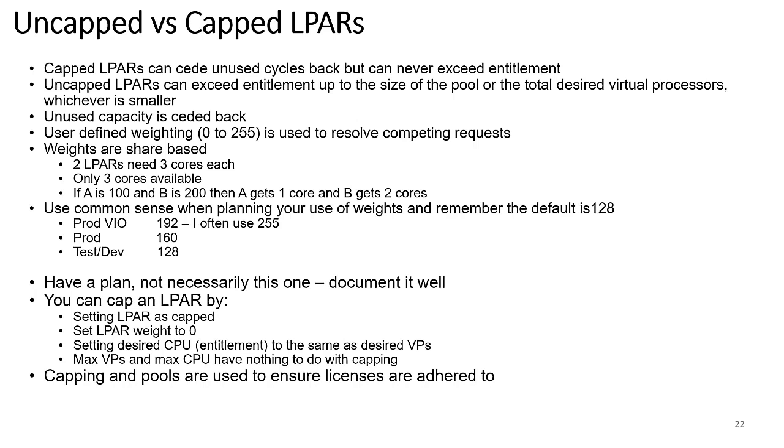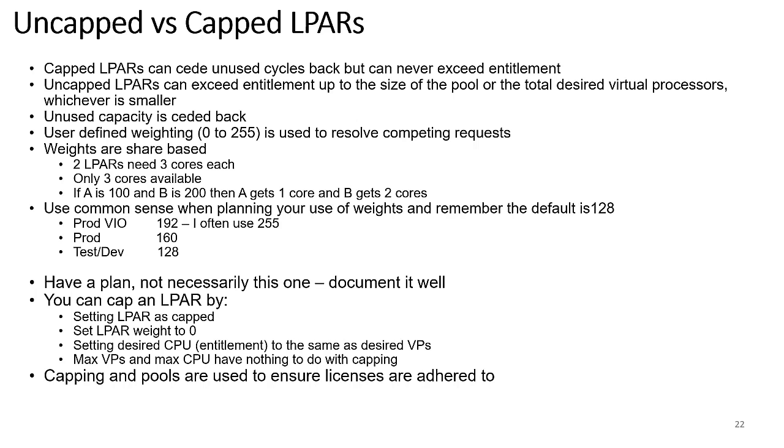But if I'm in a situation where I have two LPARs that need 3 cores each and there's only 3 cores available, LPAR A has a weight of 100 and LPAR B has a weight of 200, what the system does is it sums the two weights, so it's 300, and then LPAR A would get 100 over 300, which is 1 core, and LPAR B would get 200 over 300, which is 2 cores. So the important thing to note is that the weights are share-based. They're not, well, my weight's 200, yours is 100, so I win.